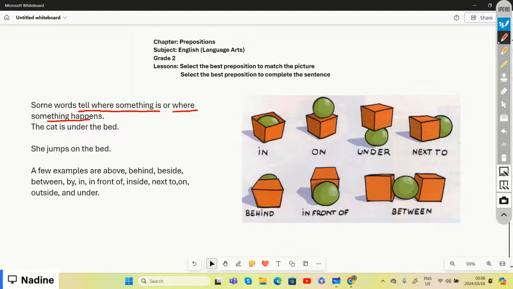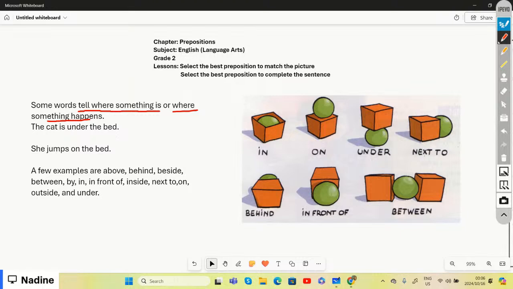And if we look at an example, it says the cat is under the bed. So some of the words that tell us where something is or where something happens are words like under, on top, inside, in front of, behind, between, next to, and we're going to find out more about prepositions.